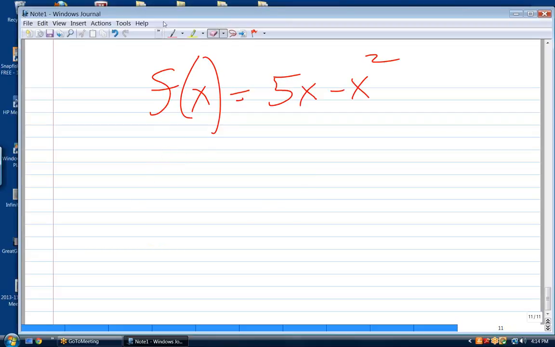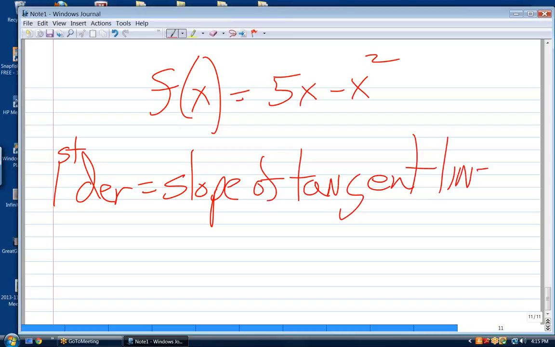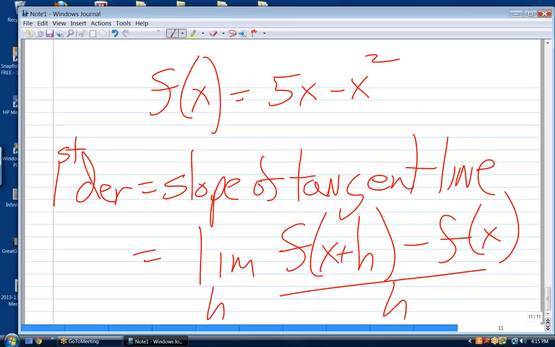Let me spell it out. First derivative equals slope of the tangent line, and it's technically, mathematically defined as the limit of f of x plus h minus f of x all divided by h as h goes to 0.